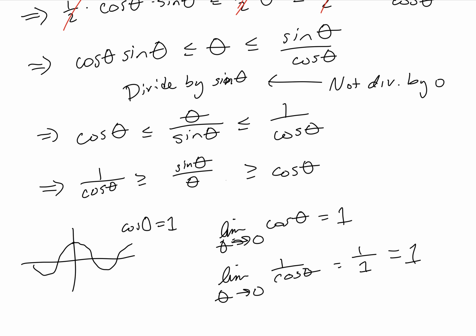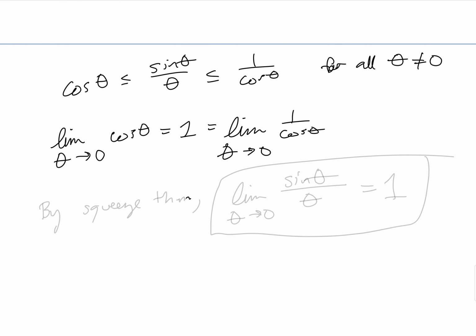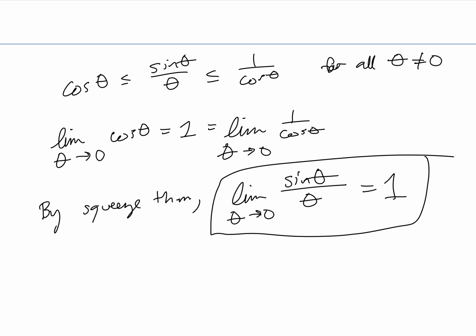We also know that the limit as theta goes to 0 of cosine theta is equal to 1, which is also equal to the limit as theta goes to 0 of 1 over cosine of theta. And so by the squeeze theorem, we now know that the limit as theta goes to 0 of sine theta over theta is equal to 1. So we have proven that using the squeeze theorem, and again, that'll be really useful to us later when we're finding derivatives for trig functions.